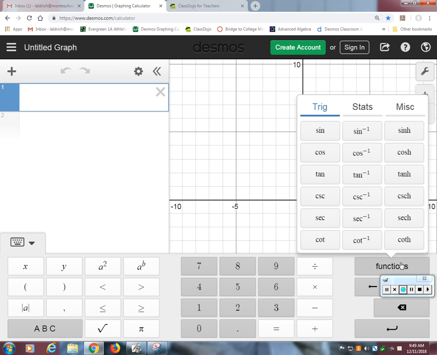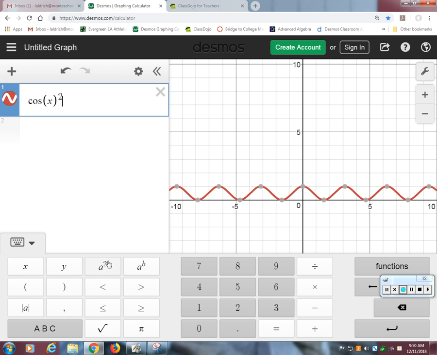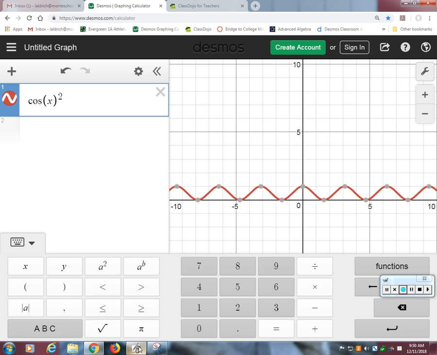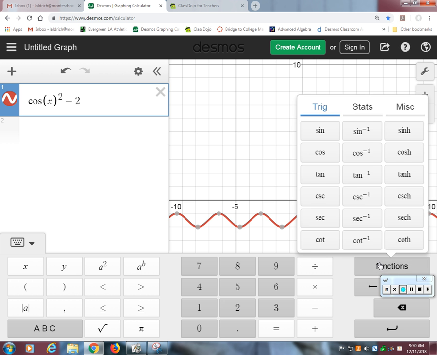We have to do all the rest now. We've just been doing the first derivative test.